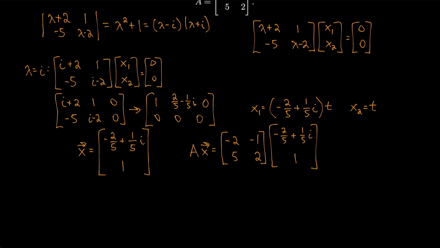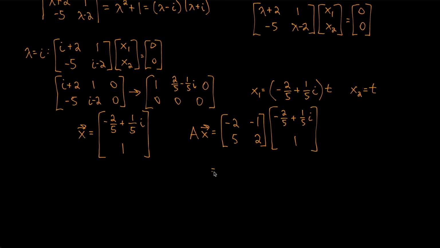and then multiplying out, I get -2 times -2/5 plus 1/5 i minus 1 for my first component, and then 5 times -2/5 plus 1/5 i plus 2 for my second component.